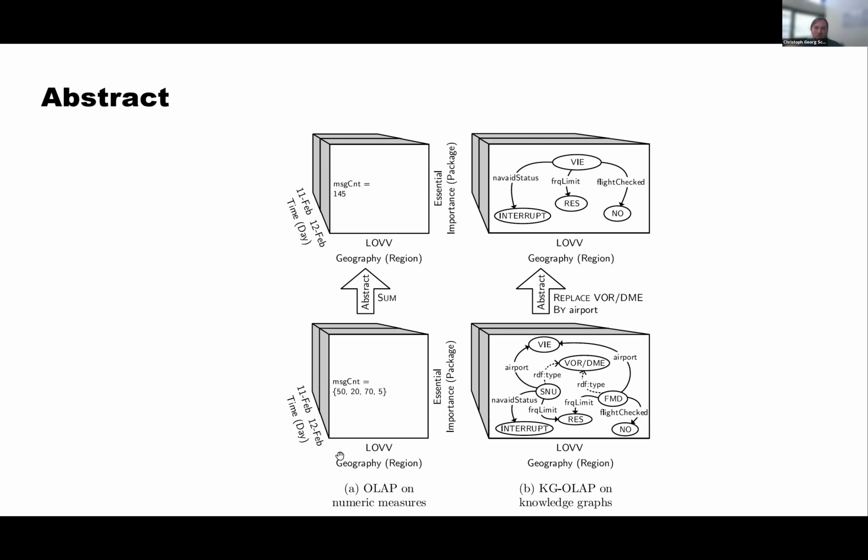So in this case, we just sum up the numeric values that we've previously obtained from the individual cells. In knowledge graph OLAP, we could have different kinds of abstraction operations. For instance, we could replace individual entities in our knowledge graph by more abstract entities.